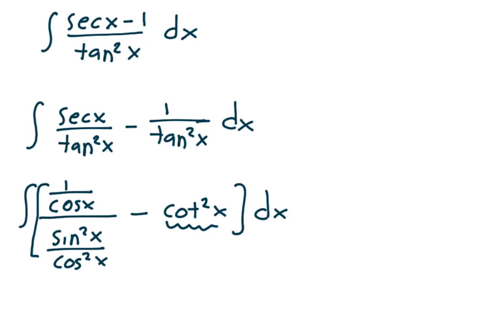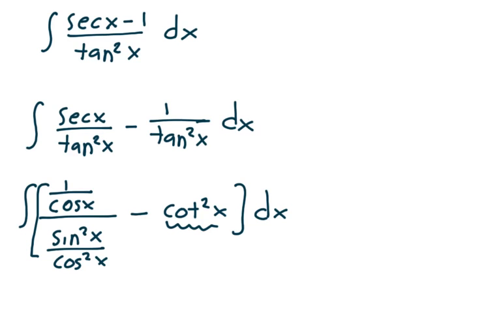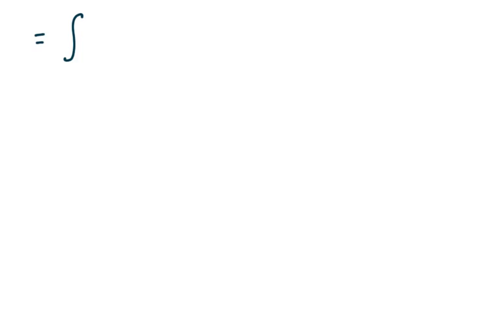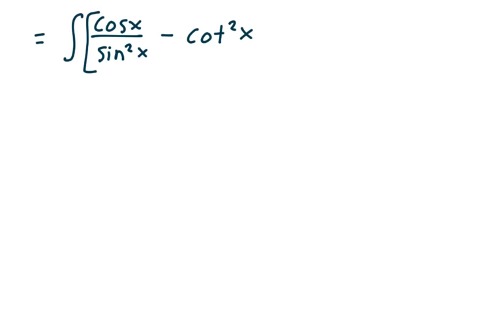I'll explain what I'm going to do with that in a minute. Now, I could rewrite the first term. And so this is going to be the integral of cosine x over sine squared x. And then I'm going to subtract cotangent squared x dx.